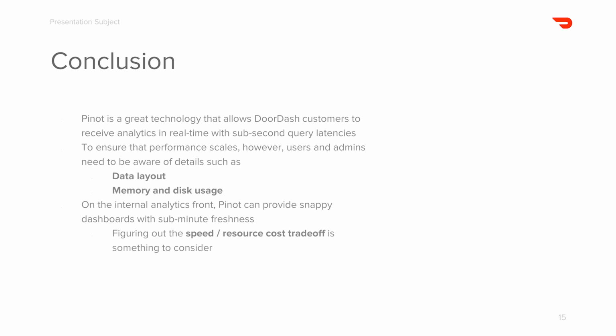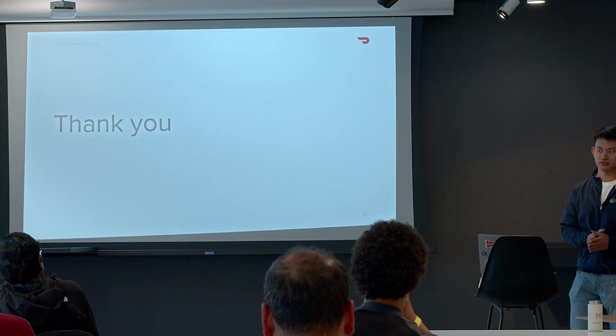On the internal analytics front, Pinot can provide snappy dashboards with sub-minute freshness. But one thing we're thinking about is the speed and resource cost trade-off, because these things do require servers to host. So that's something to consider. Cool. Thank you for listening.